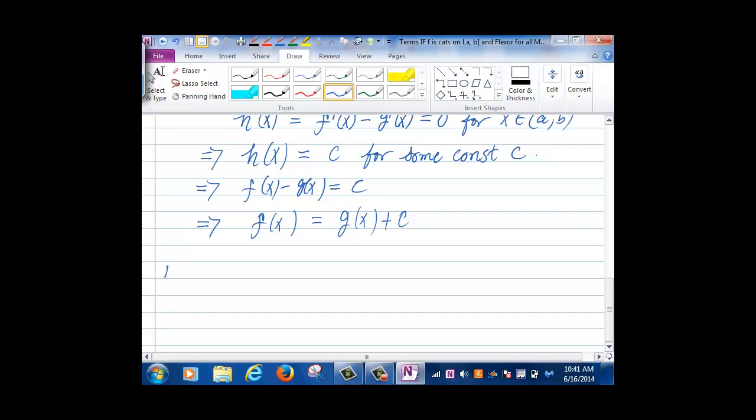Here is an example of that. If you look at the function f of x equals x to the 4, and the function g of x equals x to the 4 plus 10, notice that they have the same derivative, right?